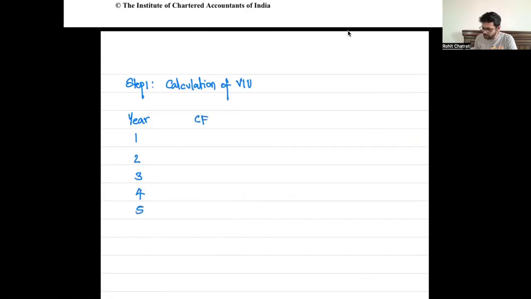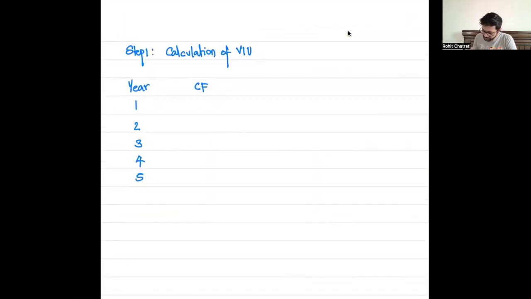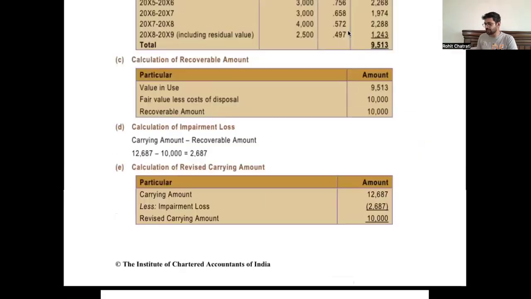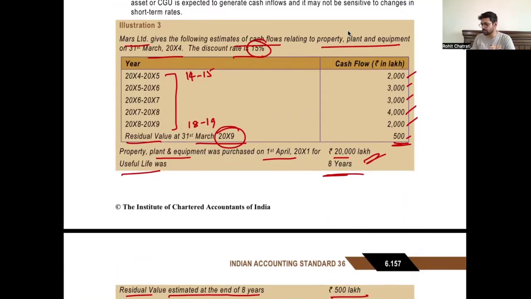We've then got cash flows, which was 2000, 3000, 3000, year 4 was 4000. And year 5, we had a cash flow of 2000, but we also expected to receive residual value of 500. Therefore, year 5, the cash flow will be total 2500.